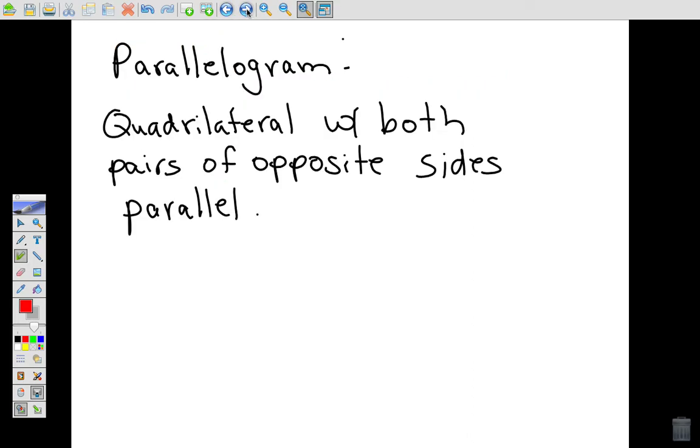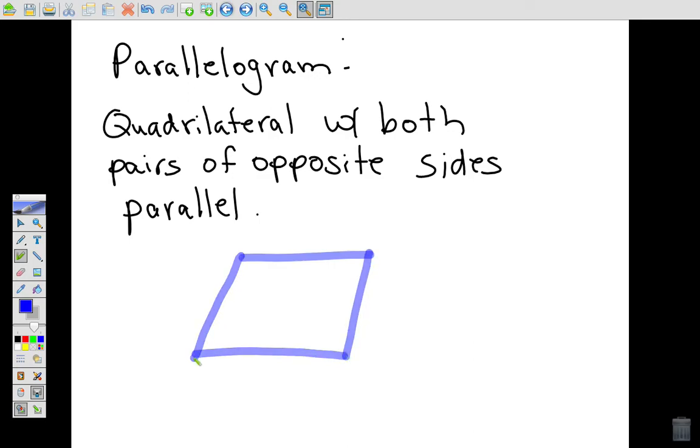Now before we start with how we find the area of those, we actually have to know what a parallelogram is. A parallelogram, by definition, is a four-sided figure or a quadrilateral with both pairs of opposite sides parallel. So a typical looking parallelogram might be that leaning rectangle, which is usually how we picture those.